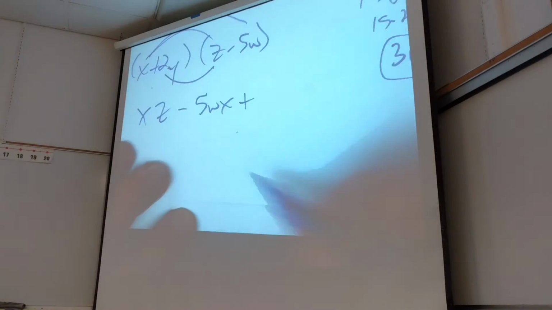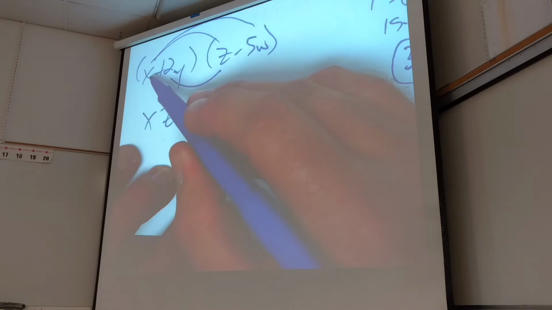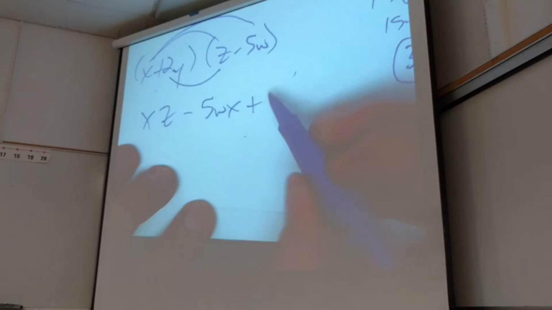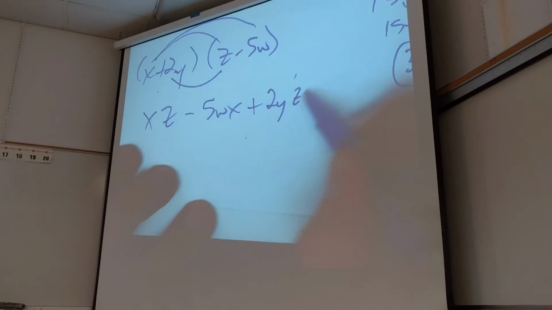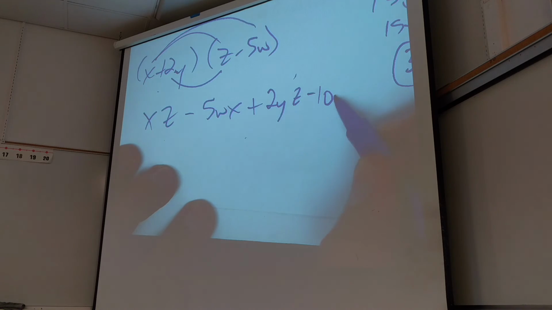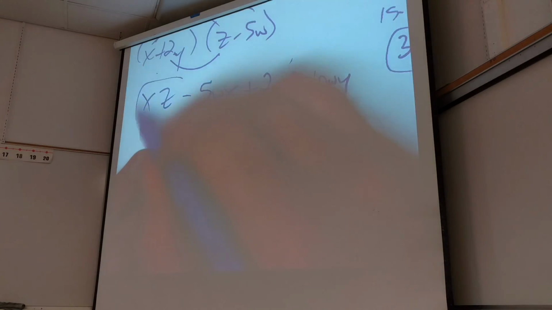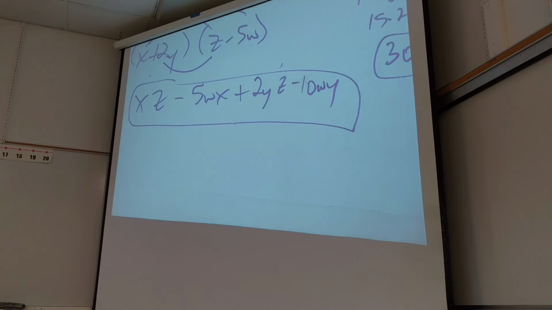Wait, what? Just foiling, right? x times z, xz. x times negative 5w, minus 5wx. 2y times z is 2yz. 2y times negative 5w is minus 10wy. Any like terms? You're done. See, it's the same idea. It's just because there just happens to not be like terms. Oh well. I like it.